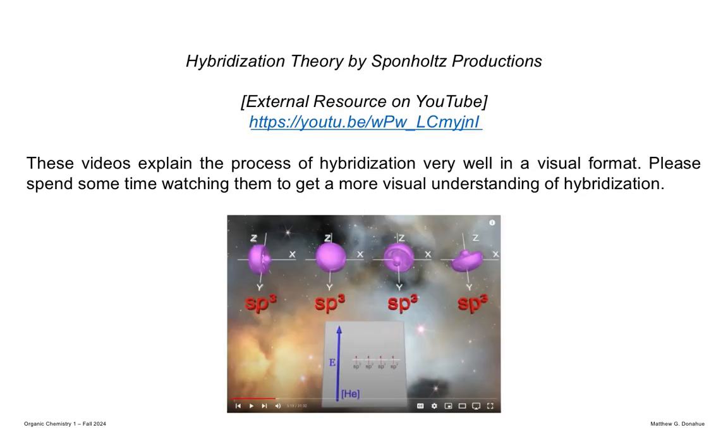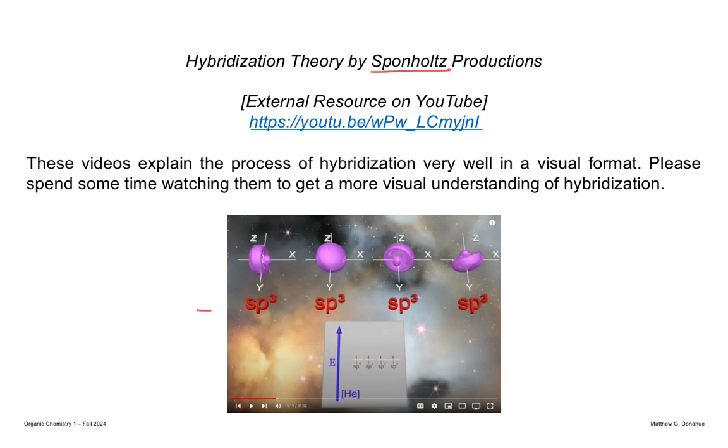In Canvas, I linked these 3 videos made by Sponholtz, which give you a review of general chemistry, how electrons go into orbitals, how you generate those electron configurations. And as you watch those, they'll sort of transition into organic chemistry. How do atomic orbitals hybridize?